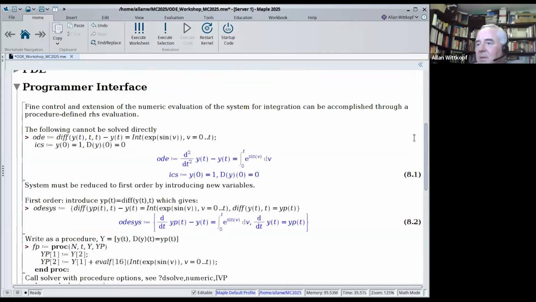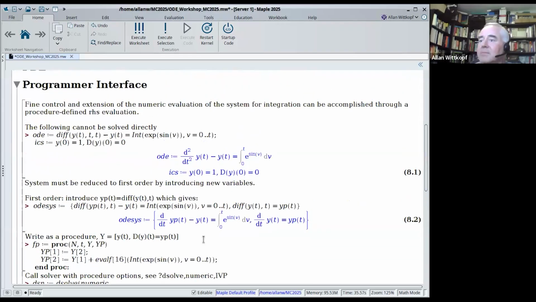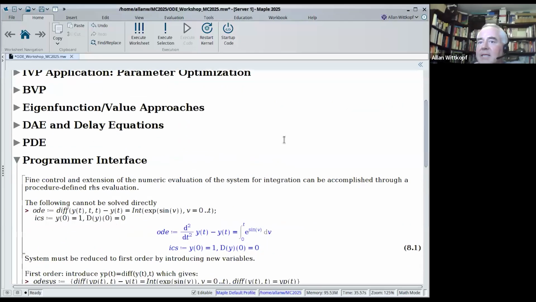Now, this might seem a little bit fictitious, and sometimes procedure forms are hard to use, but looking back at the PDE for method of lines, instead of writing a whole whack of equations, wouldn't it be better to just put that in a loop and have a really simple procedure that essentially just loops through and computes all the different values on the grid? Now your procedure, instead of being a monster, looks actually quite small, and it's really efficient to work with it and set up initial conditions. So the procedure form, and the programmer interface, can be a really handy thing.